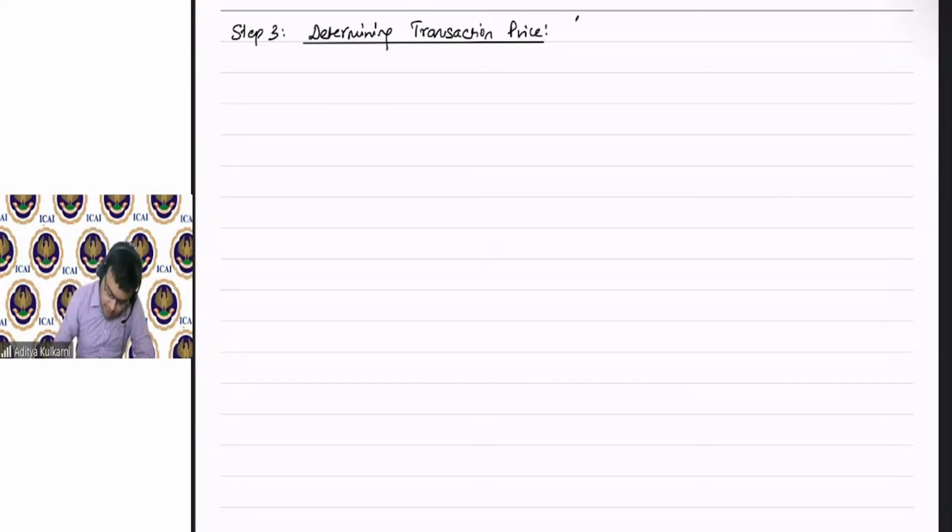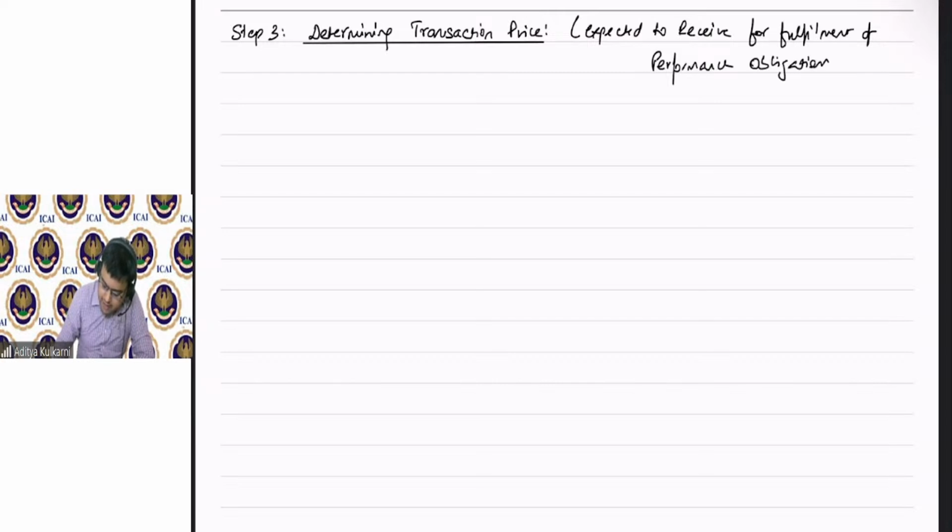So when we talk about transaction price, it is the price expected to receive for fulfillment of performance obligations.